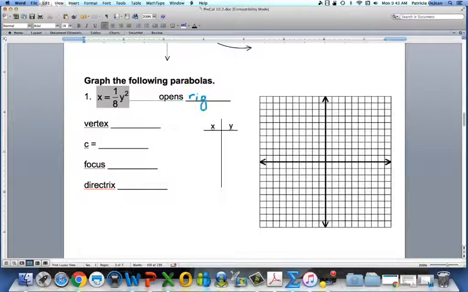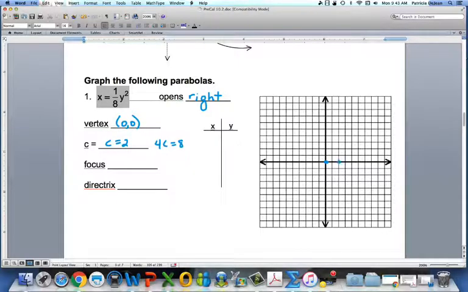The vertex is at the origin because there's no h or k added on there. 4c is equal to 8, so c is equal to 2.